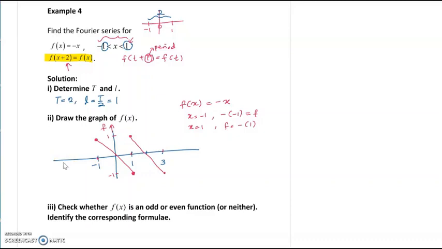Okay, because the period is 2. So somewhere here is -2, and here is supposed to be -3. Now this node is considered the left, and the -1 here is considered the right point. So on the left it should be at the top, somewhere here, and on the right it's supposed to be at the bottom at -1, and then we connect the line.